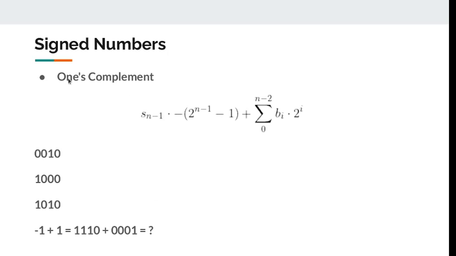With 1's complement, we also use the first bit as a sign bit, but we invert all the other bits. All this equation here is just to show the representation; you have to get the decimal version of this.